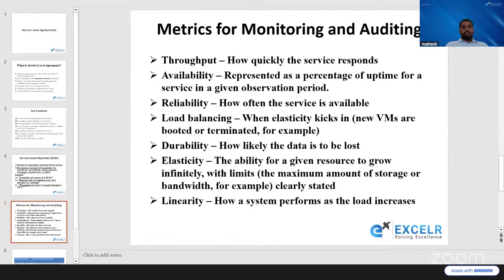Next, we have availability. Availability is represented as a percentage of uptime for the services in a given observation period. So availability is measured in such a sense that whenever you try to access anything from a cloud provider, you should be able to get that service quickly. So that can be measured as availability.